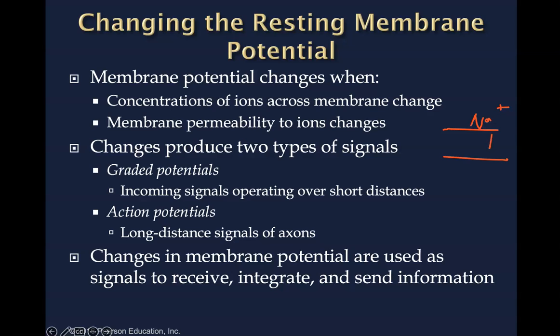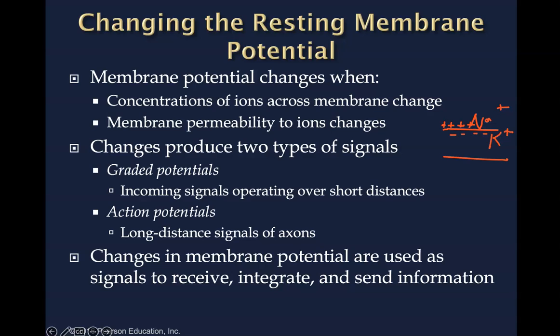And lots of potassium right on the inside, a greater concentration of potassium on the inside. And then remember that we also talked about the fact that the inside of the membrane is going to be more negative, and the outside of the membrane will carry more of a positive charge, right alongside the membrane there. So keep that in mind as we go through these changes that are going to happen.